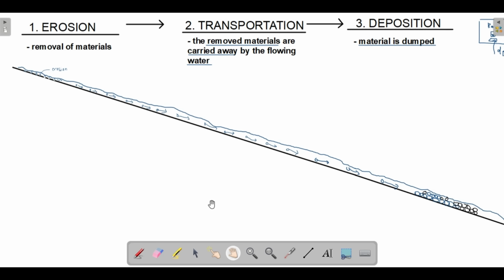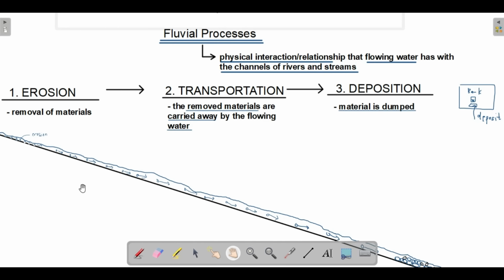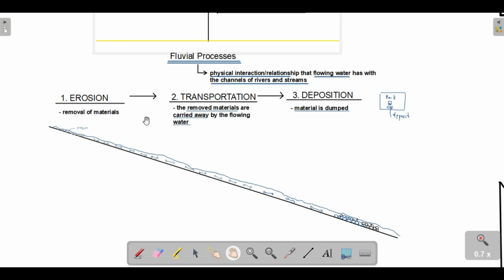We'll talk about all of those. Again, these are the three processes that will occur during the river course: erosion, then transportation of that eroded material, and then deposition, the dumping of that eroded material. Those are your fluvial processes, guys. As simple as that. It doesn't get any deeper than that.